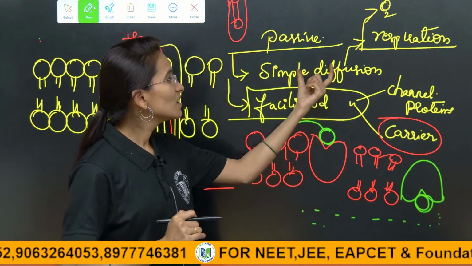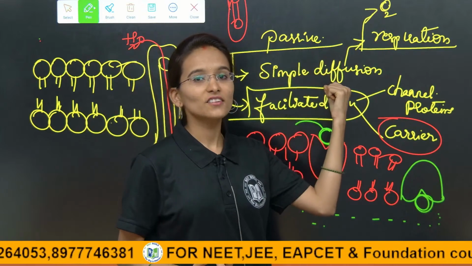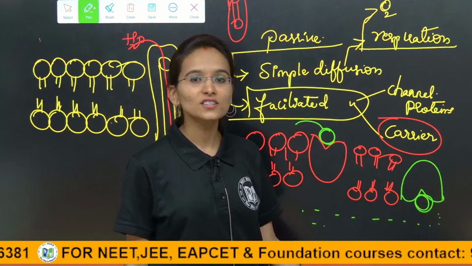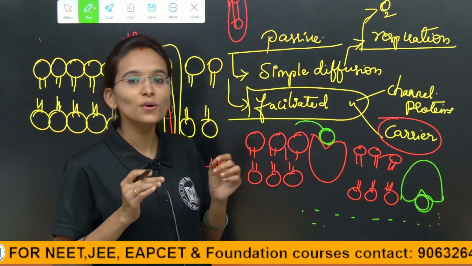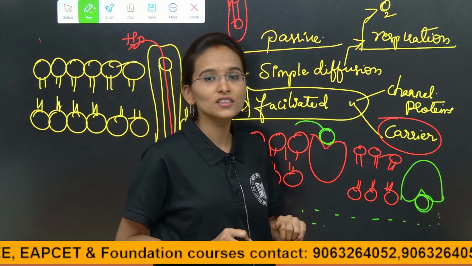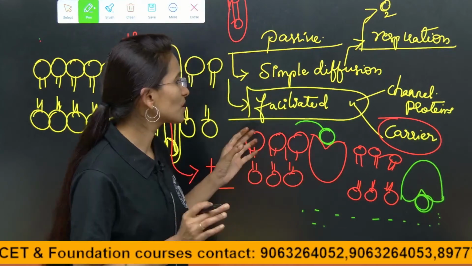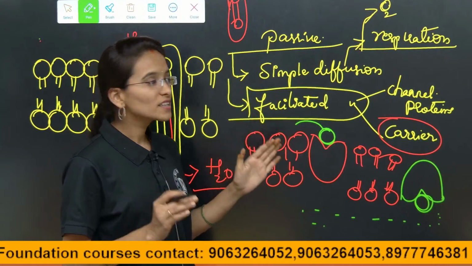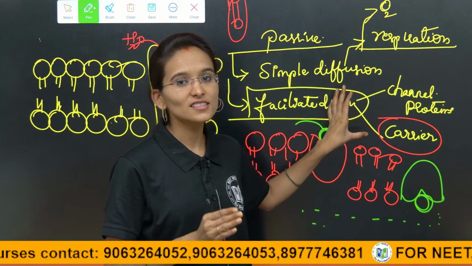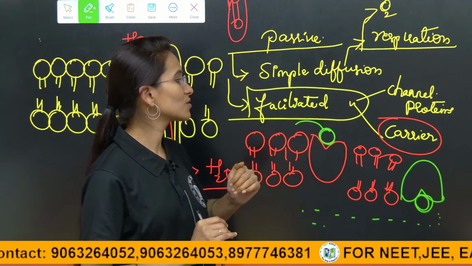This simple diffusion process we can see in our daily life inside the human body. For example, respiration, where the exchange of gases takes place. When it comes to facilitated diffusion, here also you need not supply any energy, but some channels and carriers are required to transport those ions or molecules.